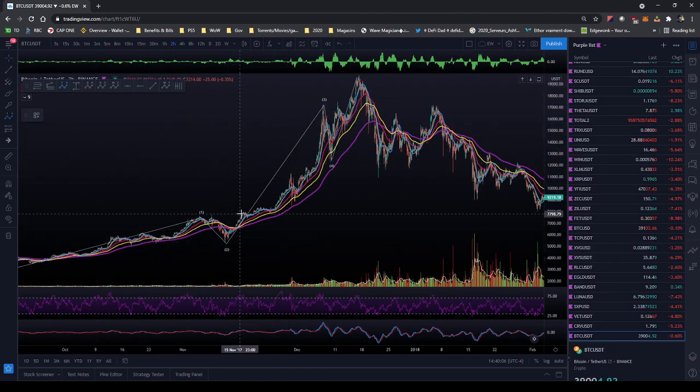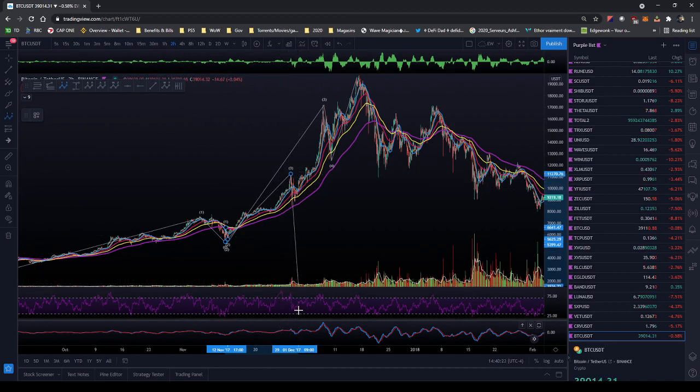And let's see here. Interesting. So we have wave 1 here, a very small wave 1. Wave 3, which has a lot of strength, a lot of volume, as you can see here.